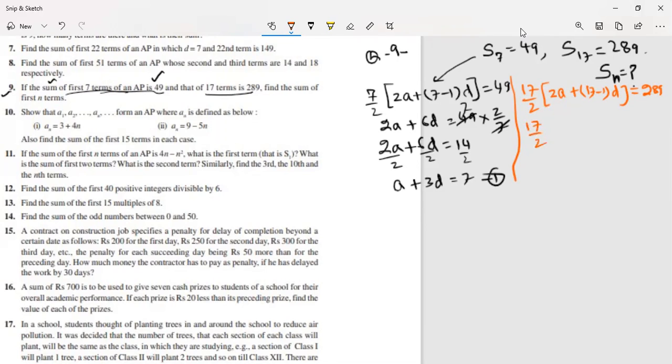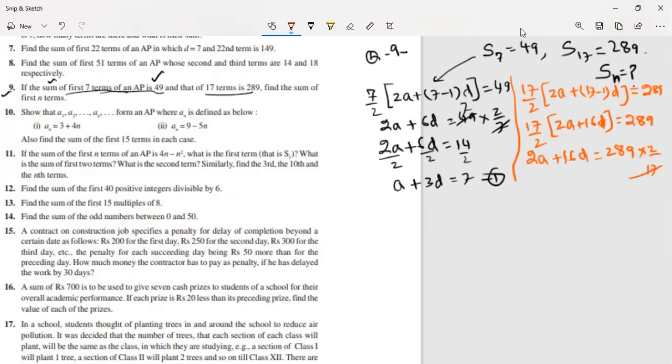17 by 2 into 2a plus 16d is equal to 289. 2a plus 16d is equal to 289 into 2 by 17.